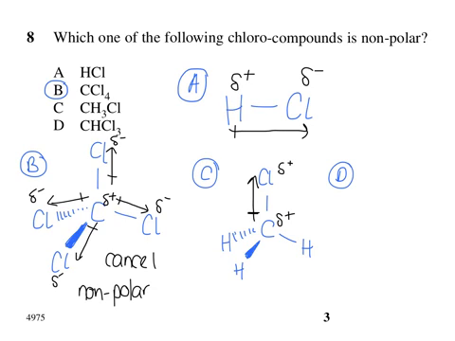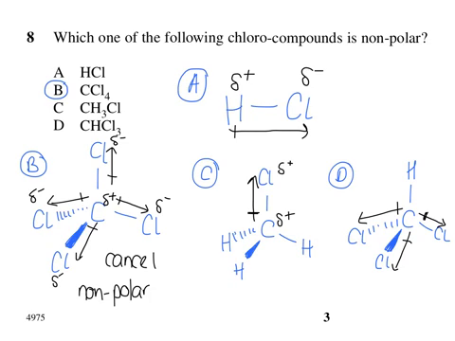And then we're going to see the same for D. D, this time I've got 1 hydrogen and 3 chlorines. Okay, so I'm going to see my dipoles coming out this way, and this way.